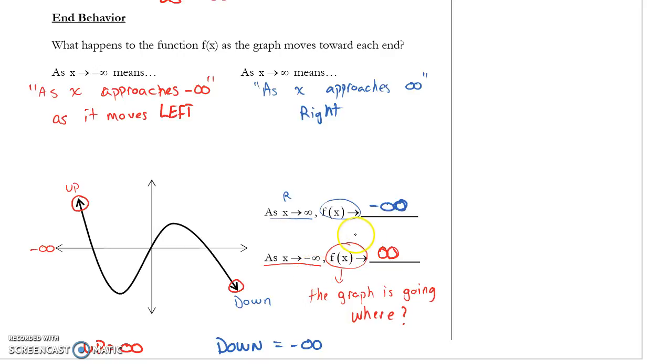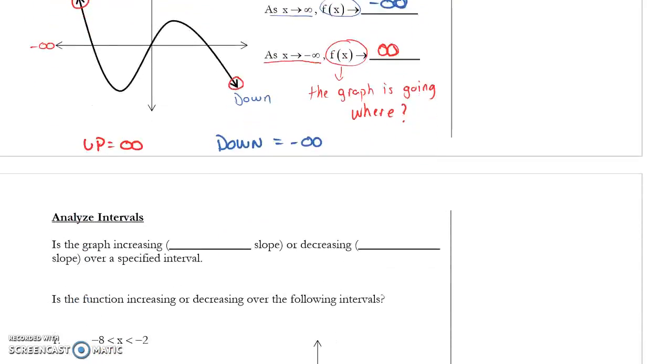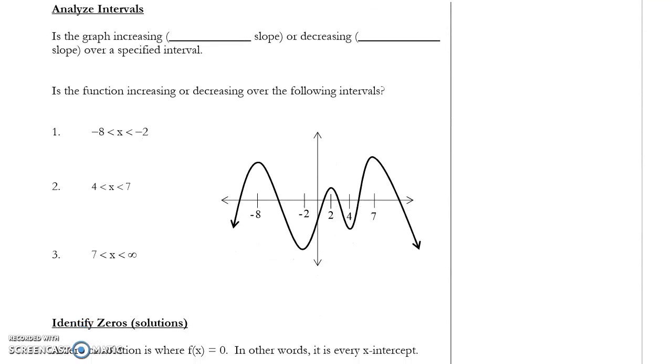All the questions on our quizzes and tests will have these two questions on there, and it's asking you to address, is the graph going up or down on the two very ends of the function. The next thing we're going to ask you to do is analyze intervals. Analyzing intervals is saying, is the graph increasing or decreasing over a specific interval?